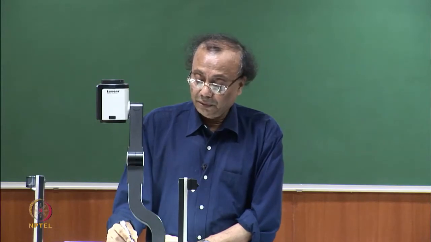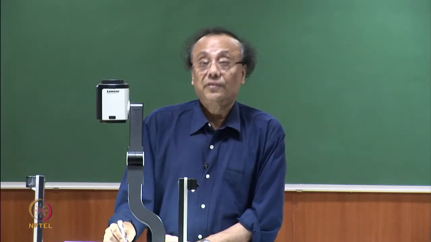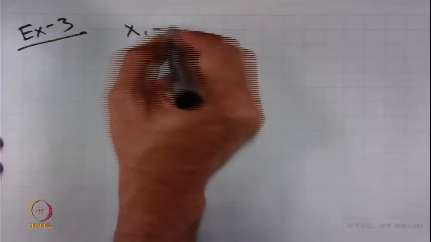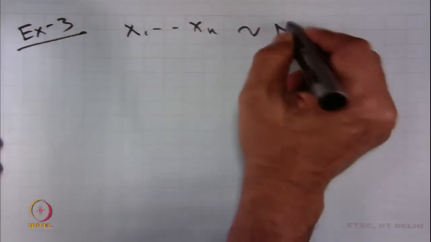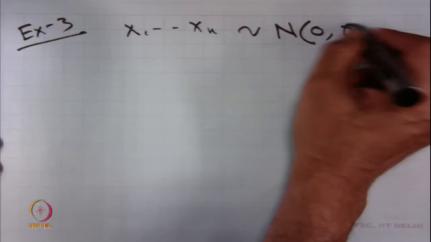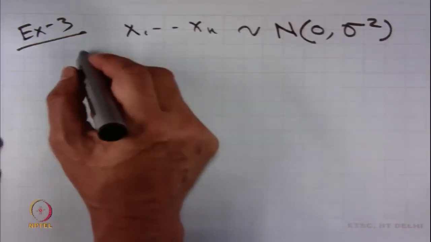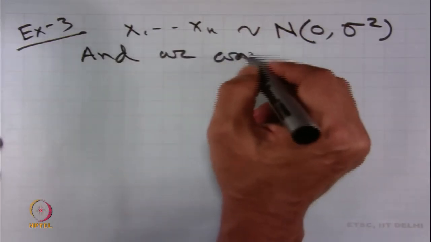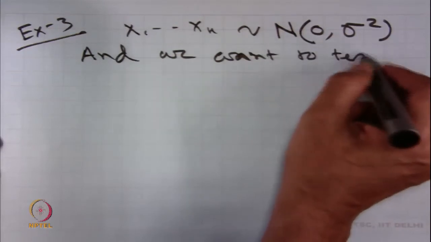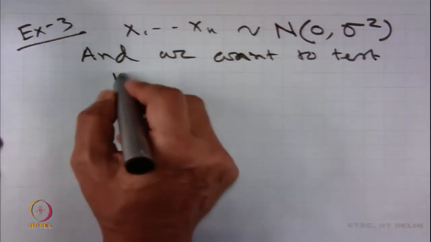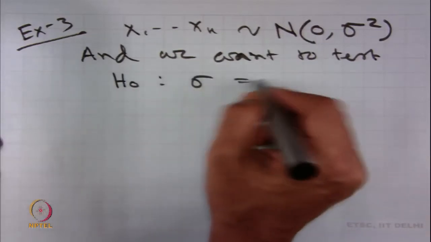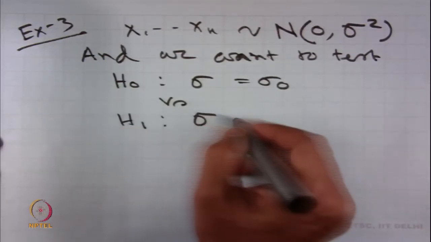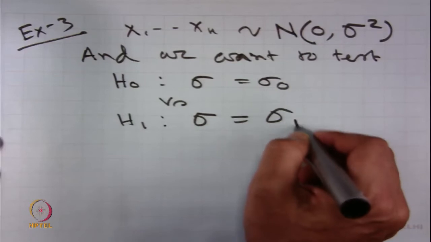Now, suppose we want to test for sigma. Suppose we have the following problem: x1, x2, xn are from normal with mean 0 and variance sigma square, and we want to test H naught sigma is equal to sigma naught versus H 1 sigma is equal to sigma 1.